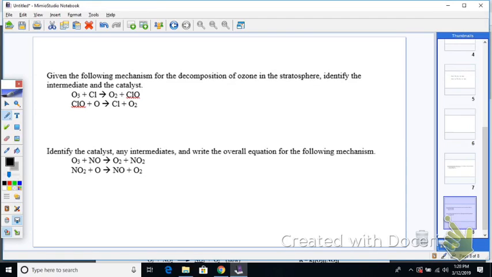A catalyst in a reaction is something that is a reactant in the first elementary step, and then a product in a second or third elementary step later on. So a catalyst is not in the overall reaction, and it is used a lot of times to speed up the reaction or lower the energy for a reaction to occur. So we call them catalysts.